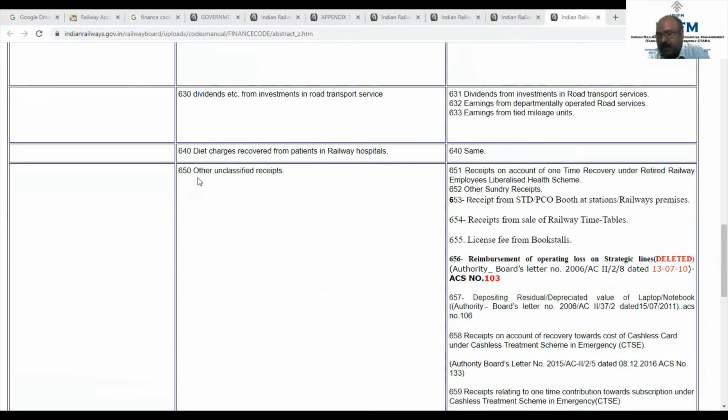That means receipts, if at all not classified as any other receipts, with PU 99, it is 93,652, 99. That is other sundry receipts and all unclassified receipts, that is STD, PCO, operating loss on spreads. Now it is deleted.